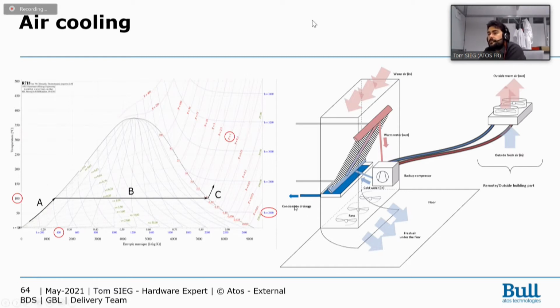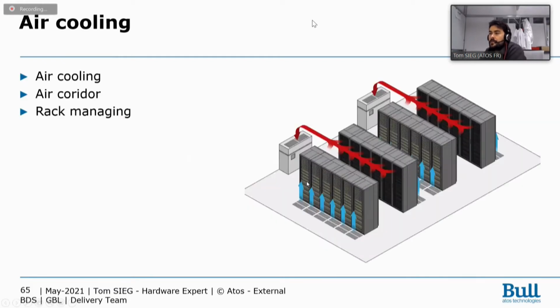A lot of different solutions can be put in place: condensation, drainage, etc. We will see that just after. The basic air cooling system in a data center is always, or mostly, the same. You will have hot air generated by the servers.